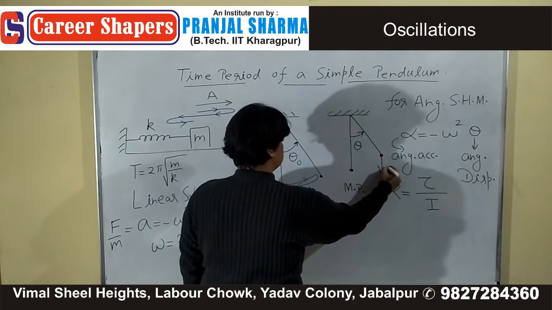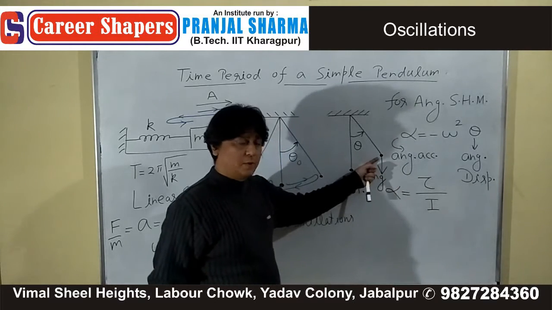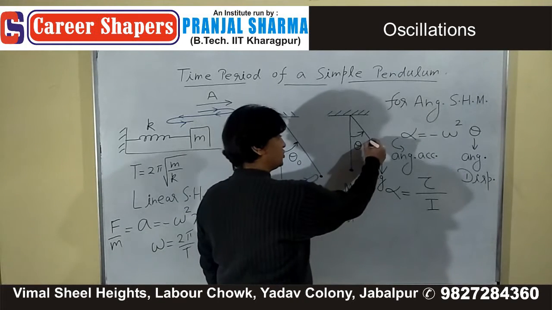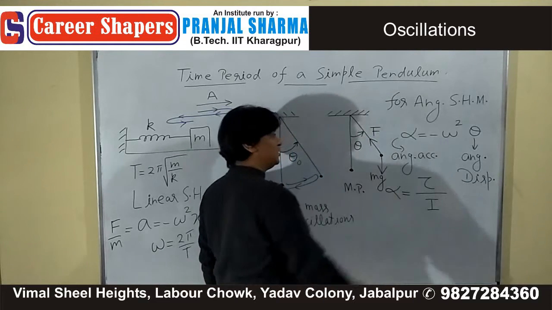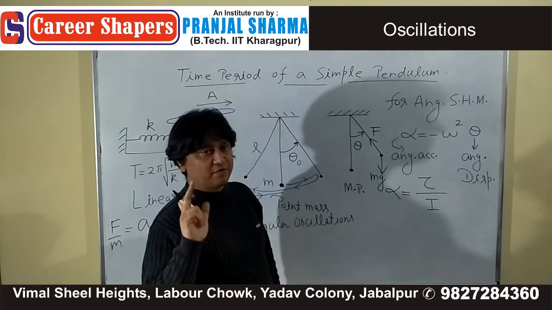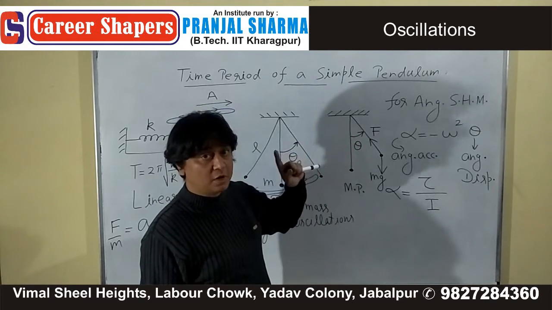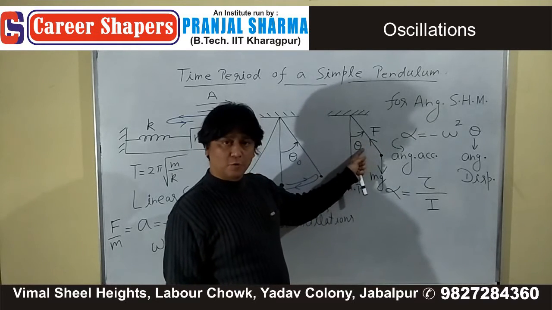The downward force acting on the ball is mg. And there is a tension force in the rope. Let's say that tension force is F. Instead of T, we are taking F because T we are using for time period.